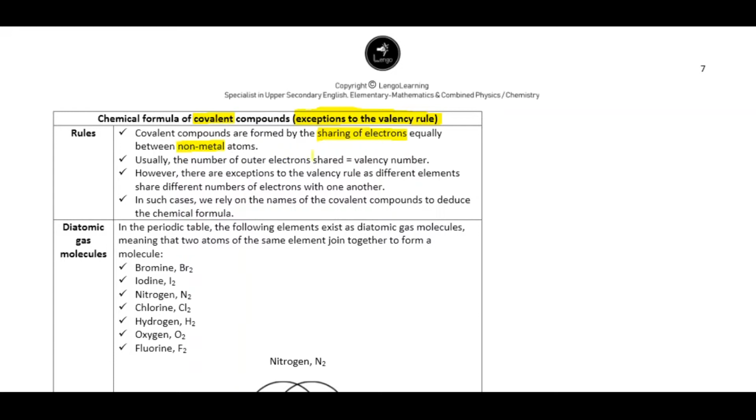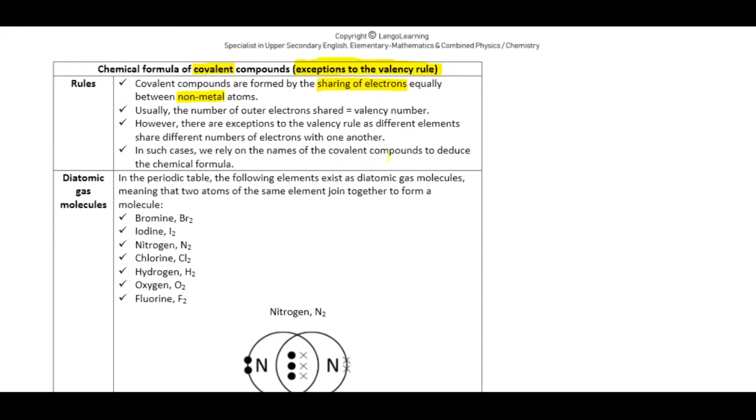So basically, covalent compounds are formed by the sharing of electrons between non-metals. And usually these electrons are shared equally between the atoms of the elements, but there are also exceptions to this rule.